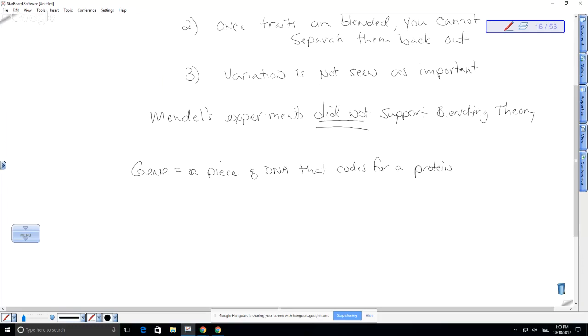We have variations of genes, and these are called alleles. This is not the term that Mendel used, but this is what we call them now. So alleles are variations in a single gene.